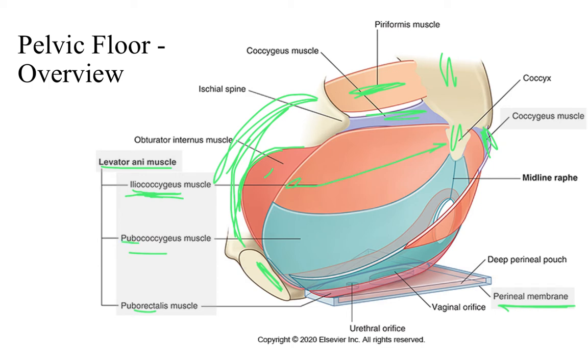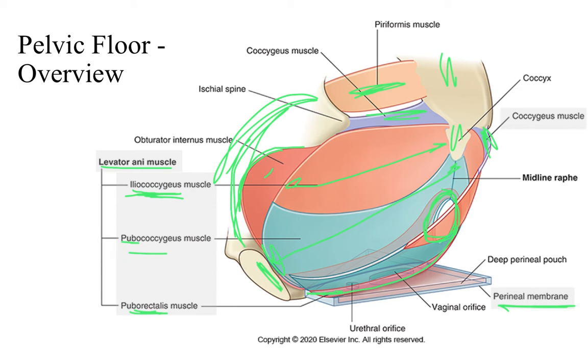The pubococcygeus goes from the pubis to the coccyx. And the puborectalis, right here, goes from the pubis to the rectum. And notice that the puborectalis actually surrounds the rectum. It doesn't just go to it, it actually surrounds the entire potential space of where the rectum is going to be.